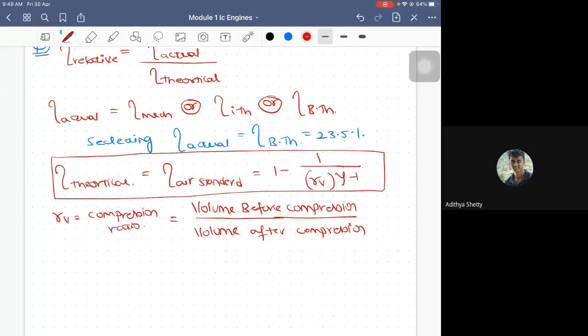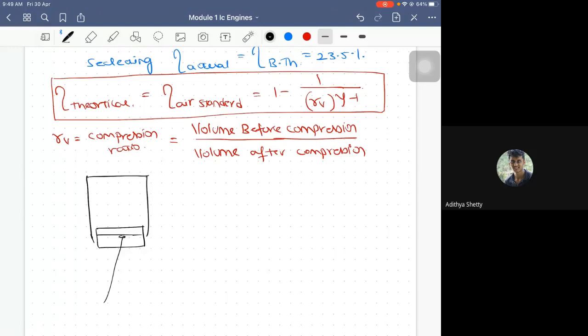Now, what is this volume before compression and volume after compression? Let us draw a diagram of an engine. So this is an engine. Before compression, the engine piston would be somewhere here, correct? And immediately after compression, the piston would be somewhere here, right?